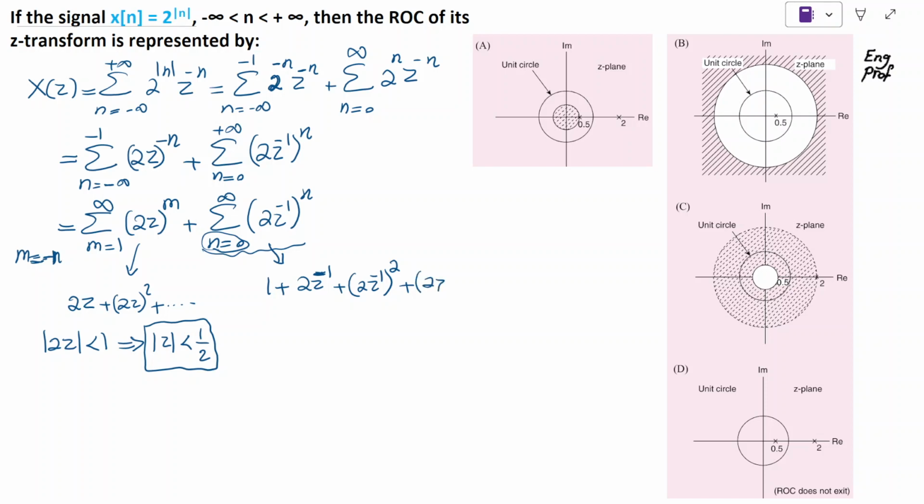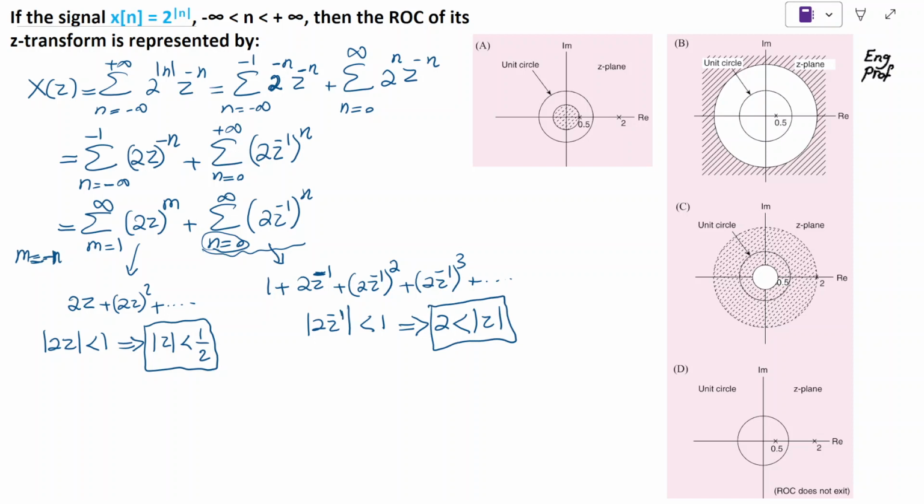If you want this geometric series to converge, you need the common ratio, the absolute value of 2z to the minus 1, to be less than 1. That means 2 should be less than the absolute value of z, so the absolute value of z should be greater than 2.